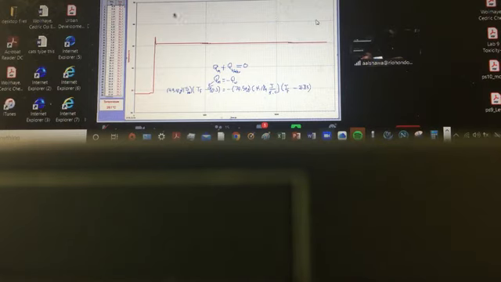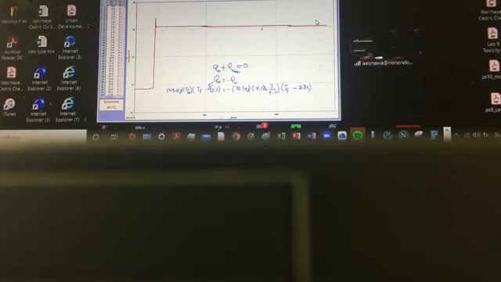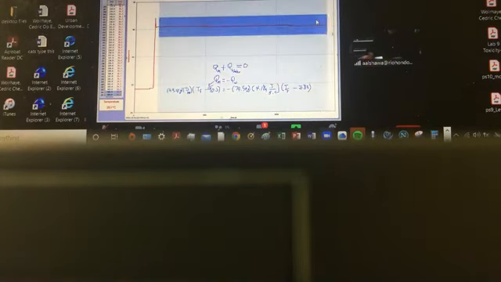So first, here's the plot. Let me just enlarge that plot. Let me just write down 28. So first, I want to highlight the most linear portion of that plot. Which is that portion? Okay, that's the most linear.